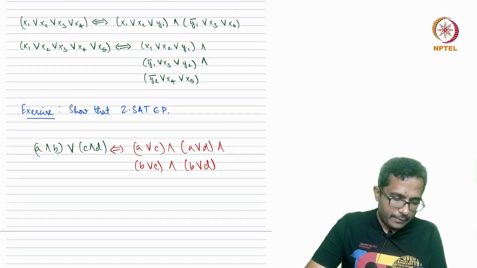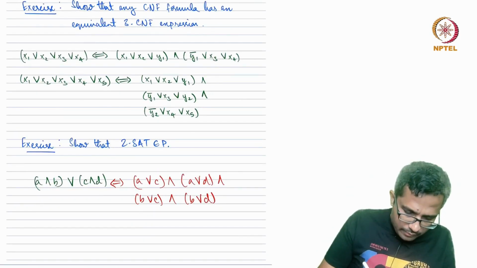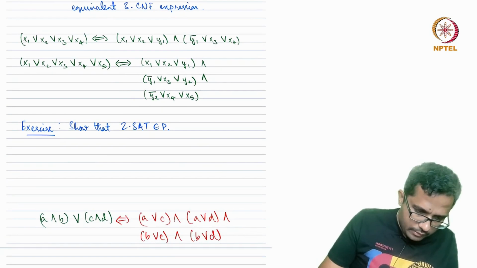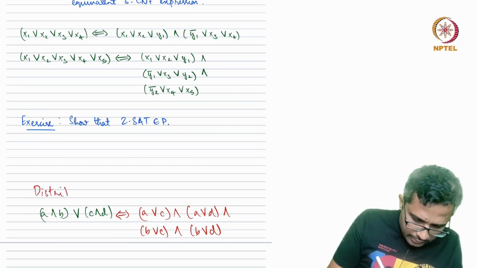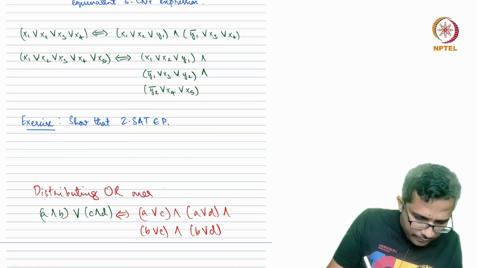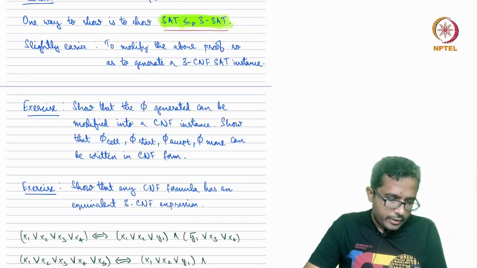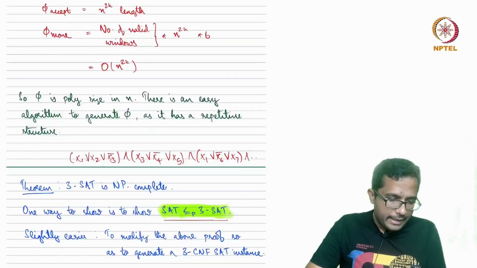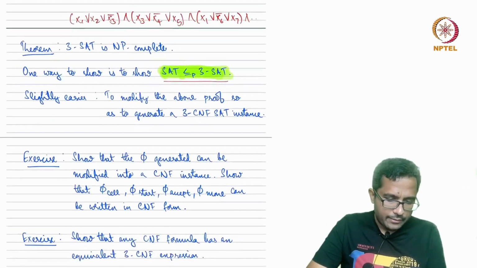So this can be verified, by distributing OR over ANDs. This way we can convert each of phi cell, phi start, phi accept and phi move to a CNF instance.